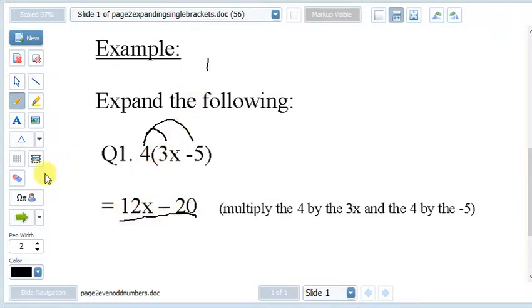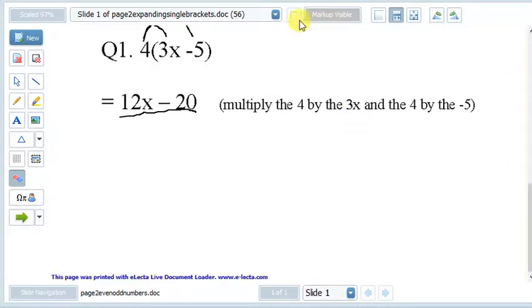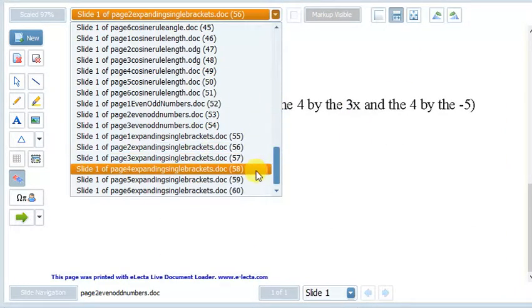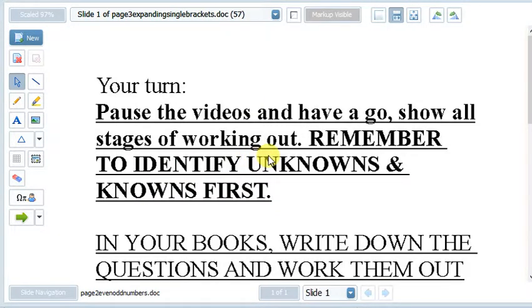What we're basically saying here is we've got 4 lots of 3x minus 5. So one lot of 3x minus 5, another lot, and another lot. Okay, your turn. So if you can pause the video and have a go.